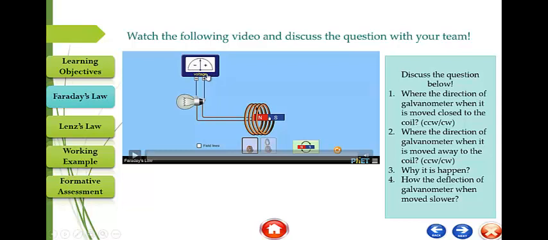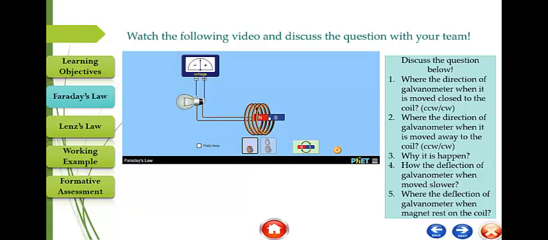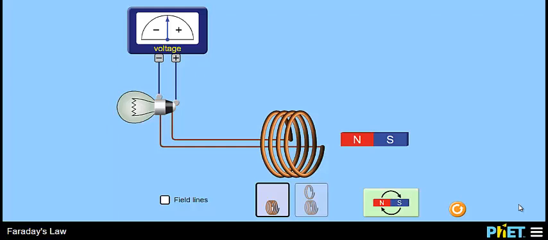And what is the direction of the galvanometer needle when the magnet moves away from the coil? And why does it happen? Then how is the deflection of the galvanometer when the magnet moves slower? And then what is the deflection of the galvanometer when the magnet is at rest in the coil?